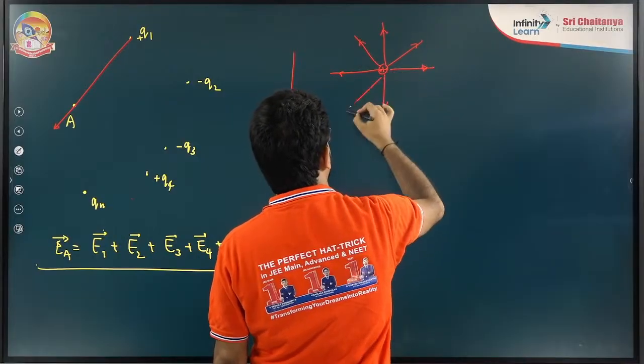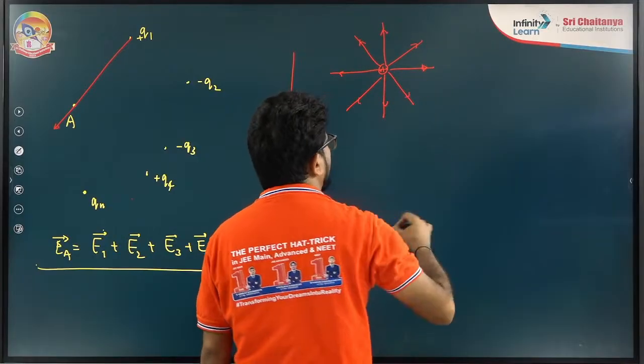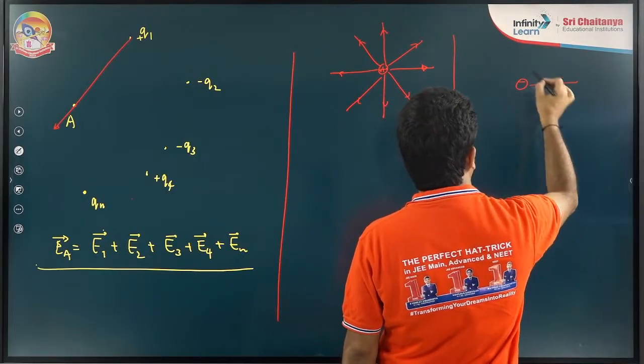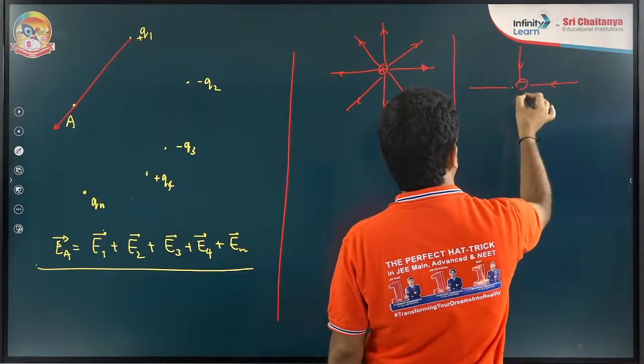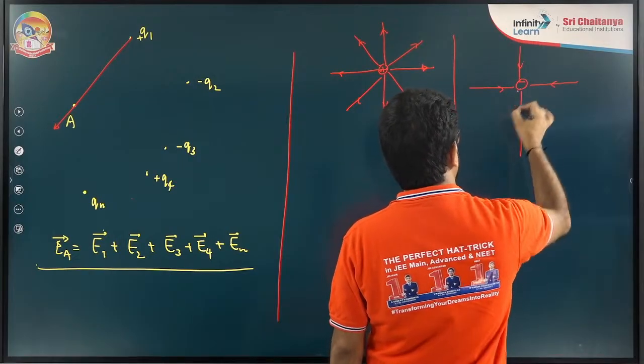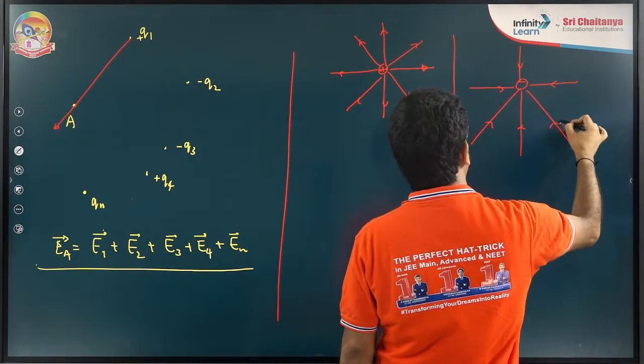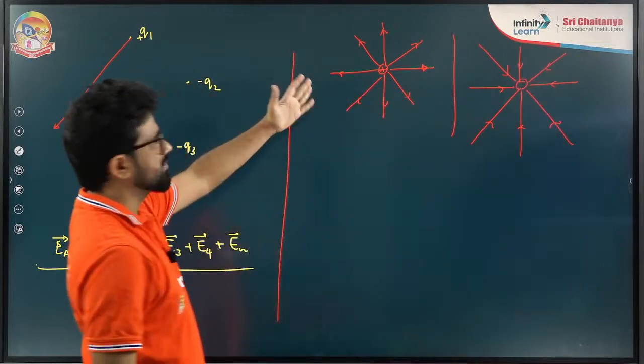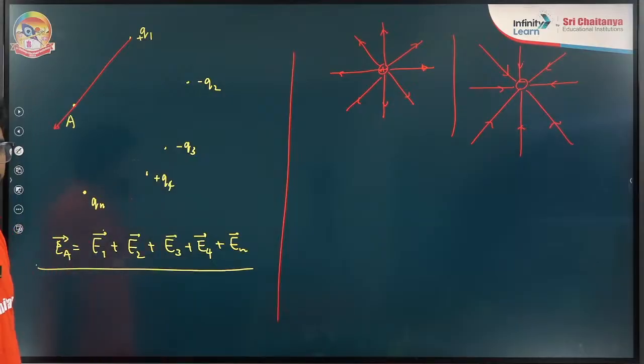Try to understand it. If it is a negative charge, the field is radially inward. This is radially inward, and this is radially outward. We can write it.